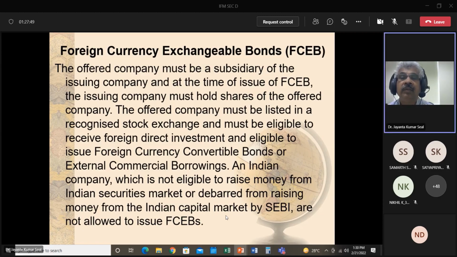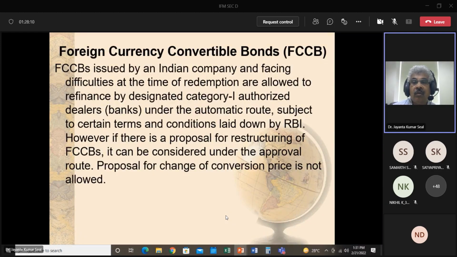The offered company must be a subsidiary of the issuing company, and at the time of issue of FCEB, the issuing company must hold shares of the offered company. The offered company must be listed on a recognized stock exchange and must be eligible to receive foreign direct investment, because in the previous case also, that is the foreign currency convertible bond, as soon as the bonds are converted into shares, it becomes foreign direct investment.